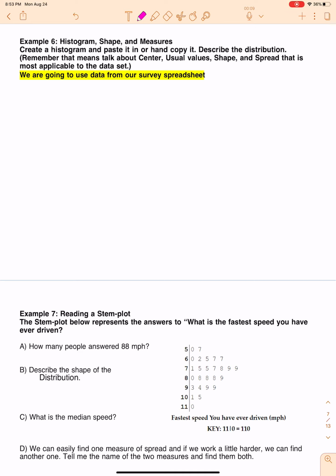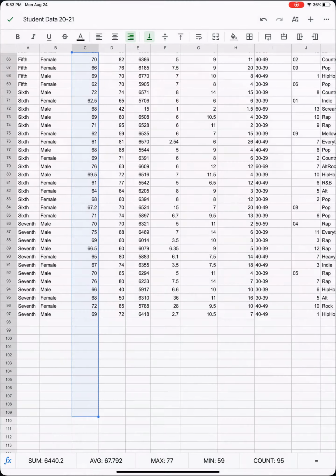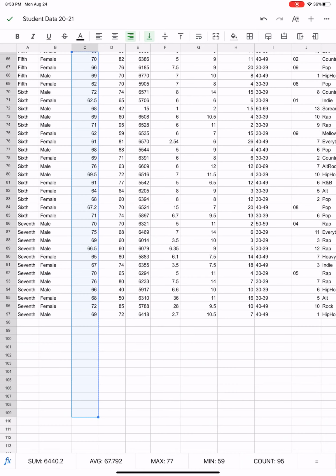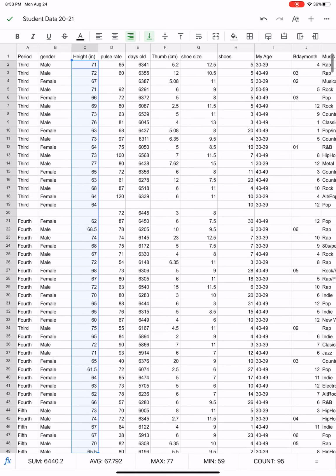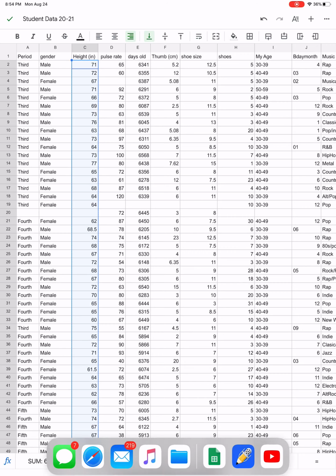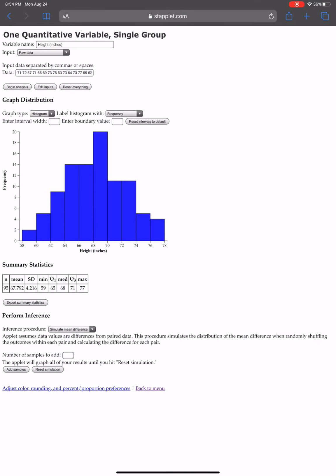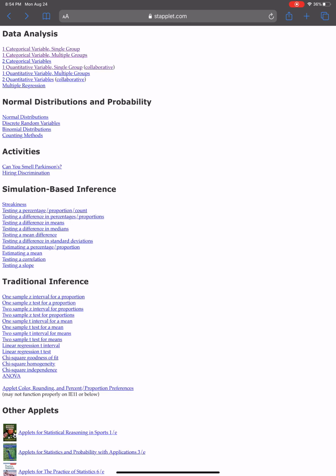I feel your pain. Okay, so in example 6, we are again going to use some data from our survey. So I'm just going to go to my data here. This is the data you gave me. We are going to look at height in inches. So I've copied this height in inches here, and we are going to put that into Statcrunch.